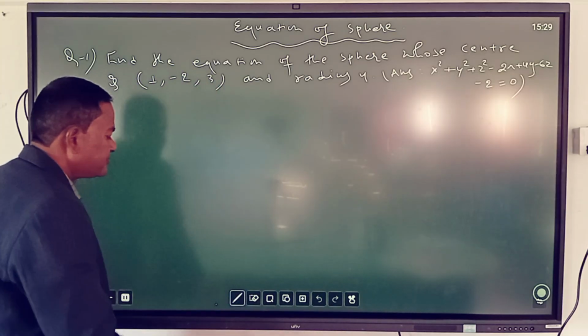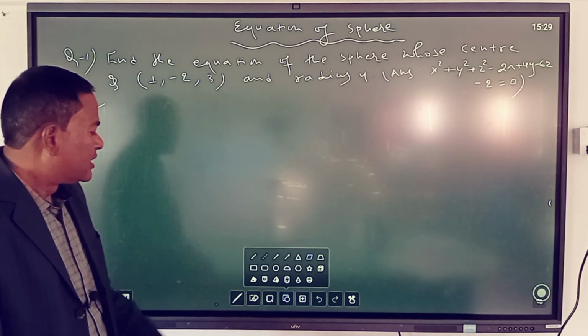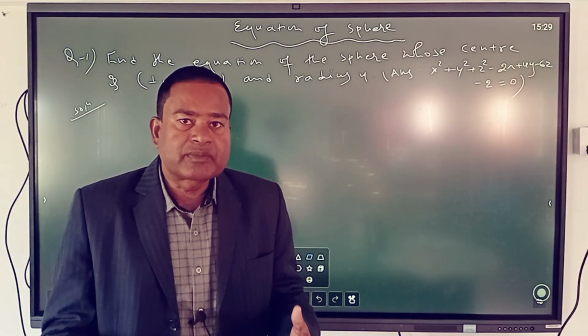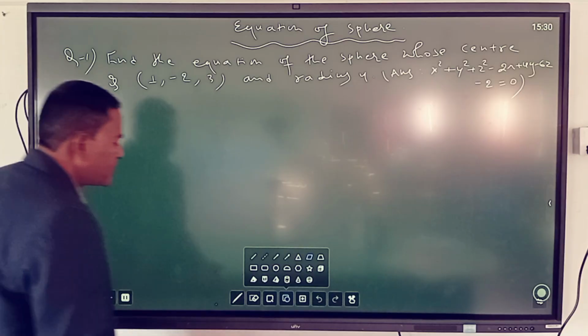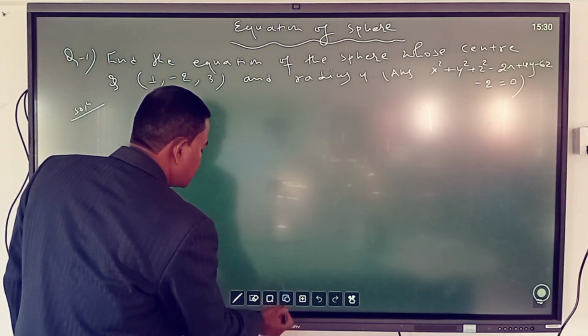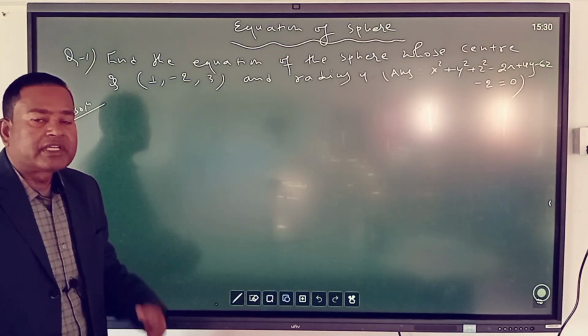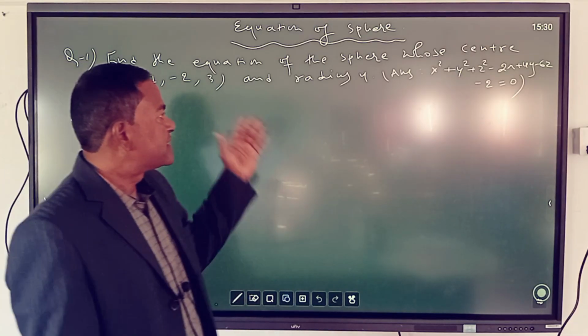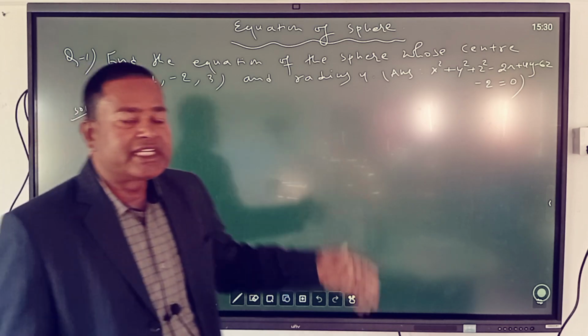Dear student, let us represent this question by making a rough diagram. Let's make a sphere whose center is given as 1, minus 2, 3 and radius is 4.